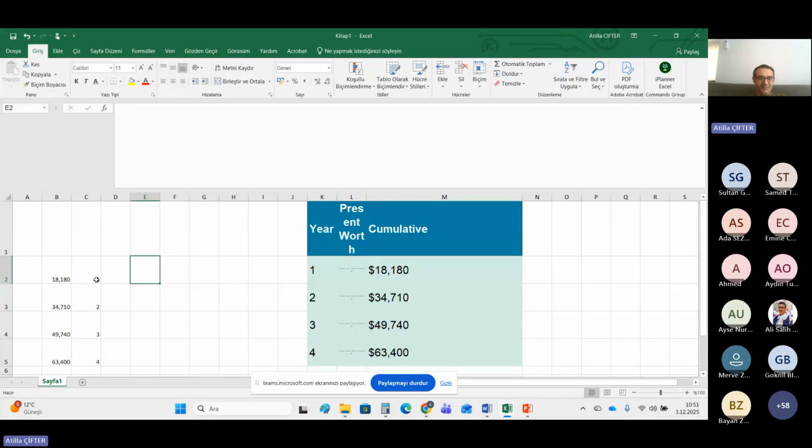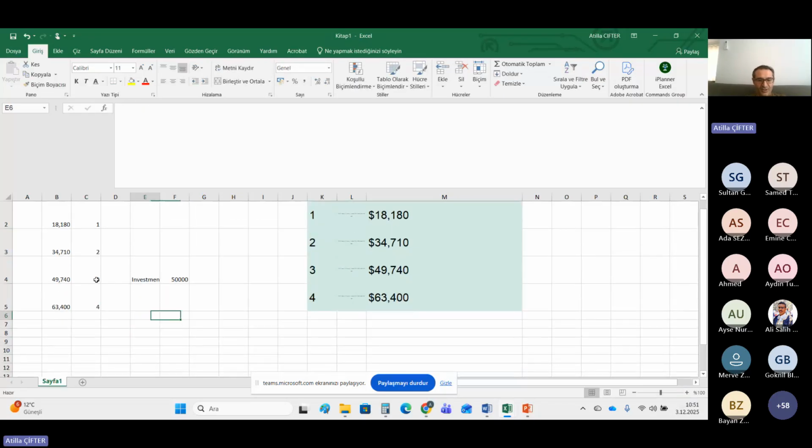So if your investment is $50,000, right? Then as you can see, your investment is $50,000. Then the discounted payback period is in years.